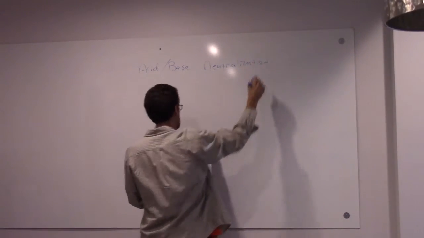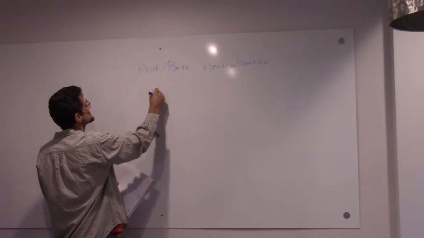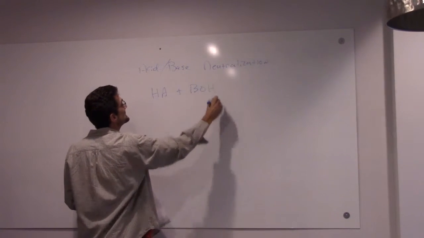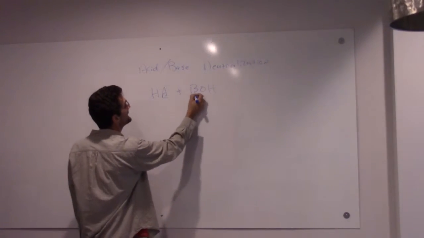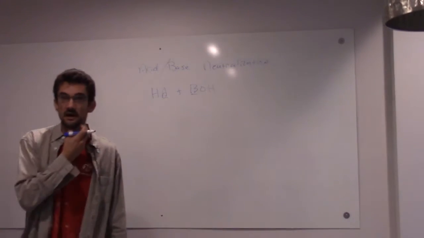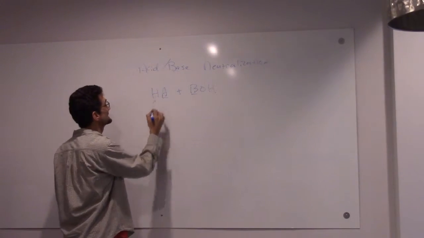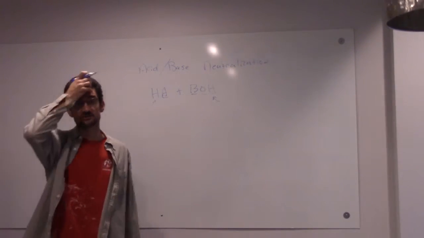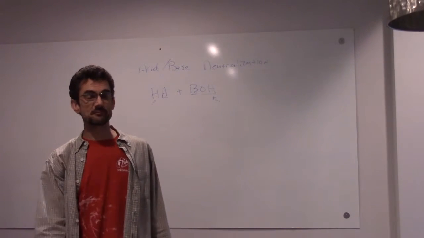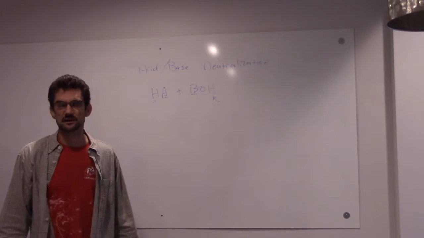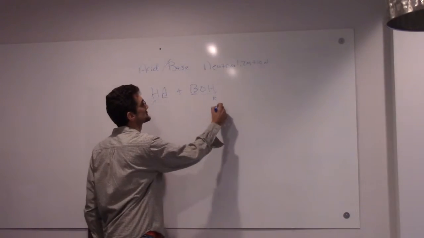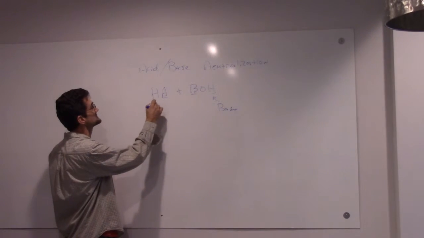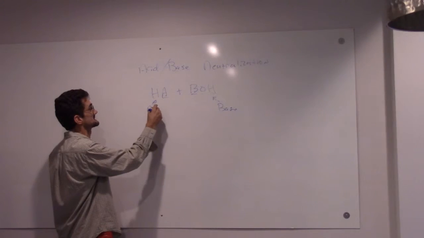What this looks like is HA plus BOH, and this A and this B can be anything. However, this H is actually hydrogen, and this OH, oxygen and hydrogen, is what we typically call a hydroxyl unit, and that is an indication of a base. Once you see an OH, you know it's a base. Once you see this hydrogen out in front of something, you know it's an acid.